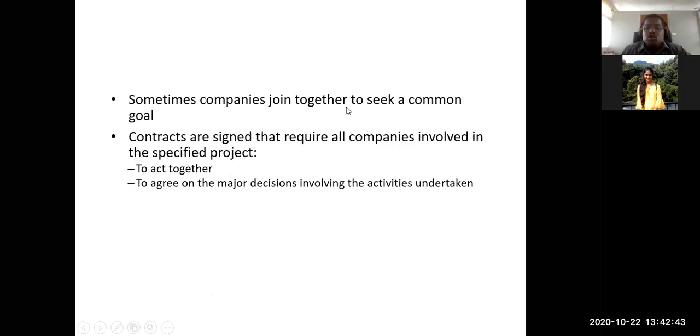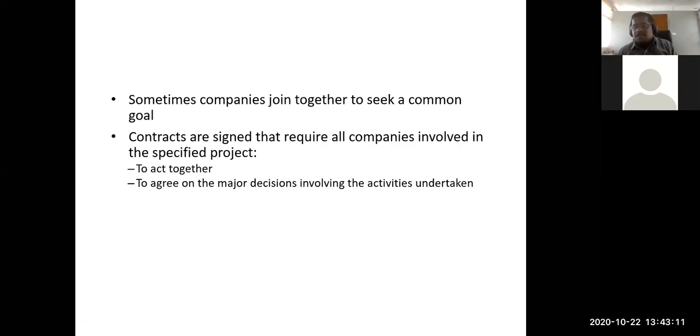Some companies join together to seek a common goal. Contracts are signed that require all companies in specific projects to act together and agree on major decisions involving the activities undertaken. In certain projects, the projects are more risky and we don't have enough resources.